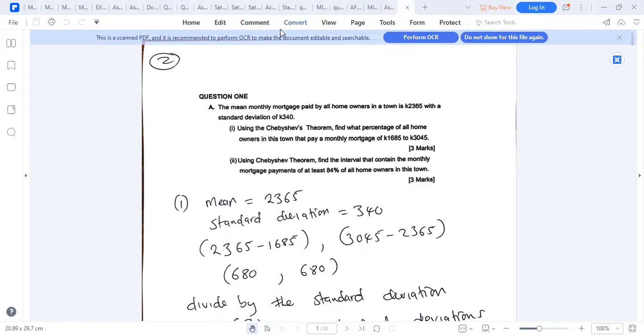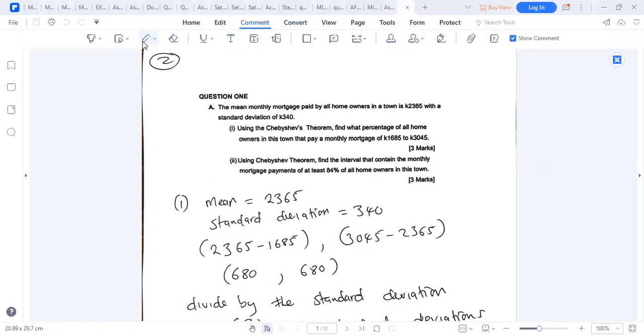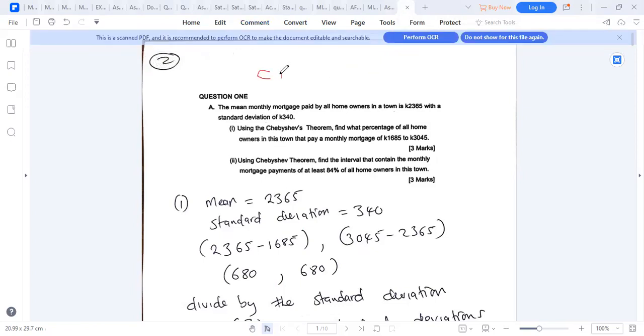So we just mentioned that Chebychev is given by confidence interval is given by mu plus minus k standard deviation. So in this case, we've been given our mu as 2365, our standard deviation as 340.